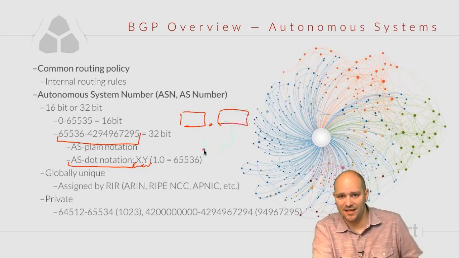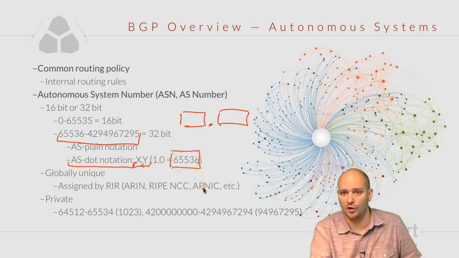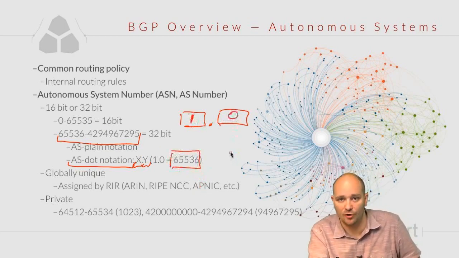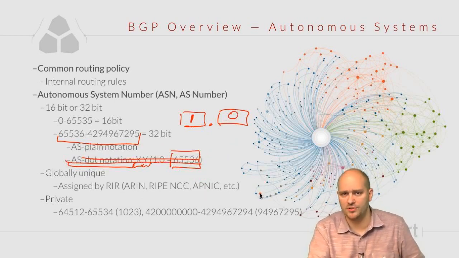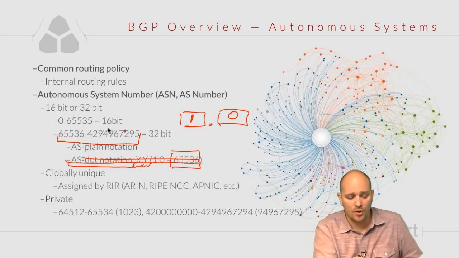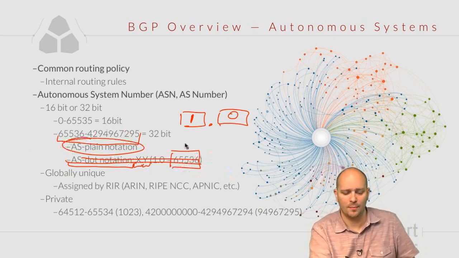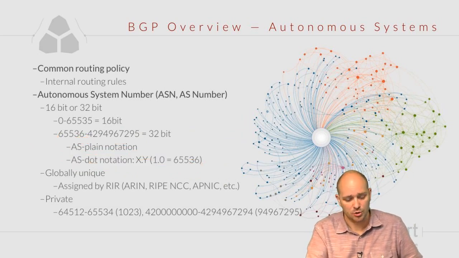So using this AS dot notation, for example, the autonomous system 65,536 would be represented as 1.0. This is no longer the recommended way of representing 32-bit AS numbers, so we are now going to be using only AS plain. You don't actually have to worry about this older format, but you might encounter it depending on the IOS version that you are using.